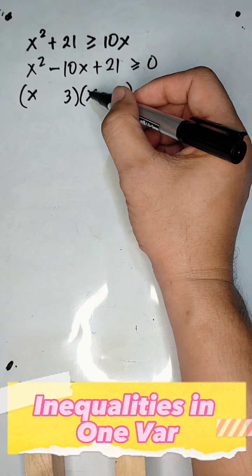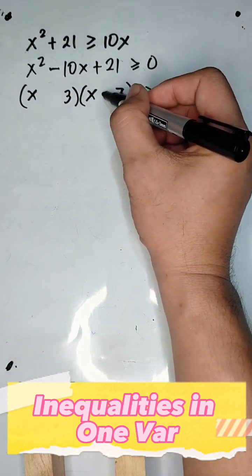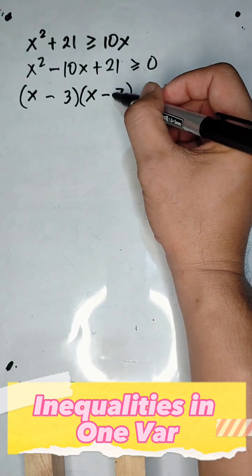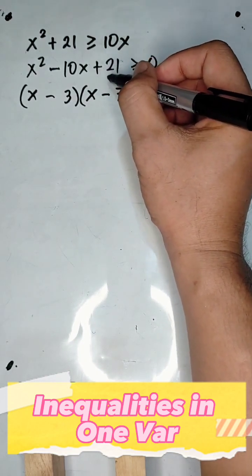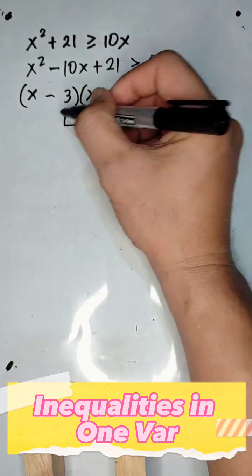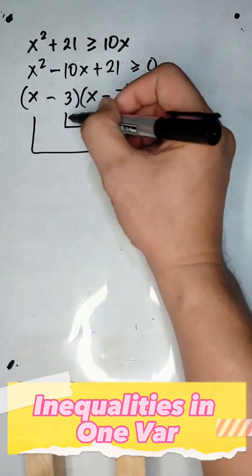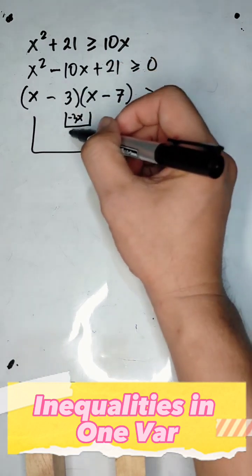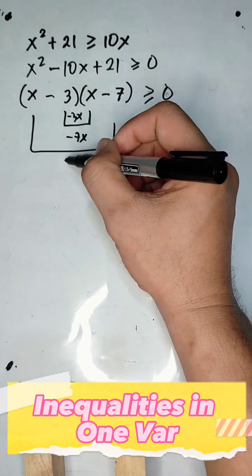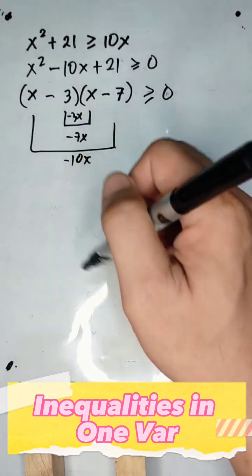So we use negative and negative, because negative 3 times negative 7 gives us positive 21, so the L of the FOIL is good. And then let's look at the middle term: negative 3 times x is negative 3x, and this one is negative 7x, and if we add that, it gives us negative 10x, which is the middle term.